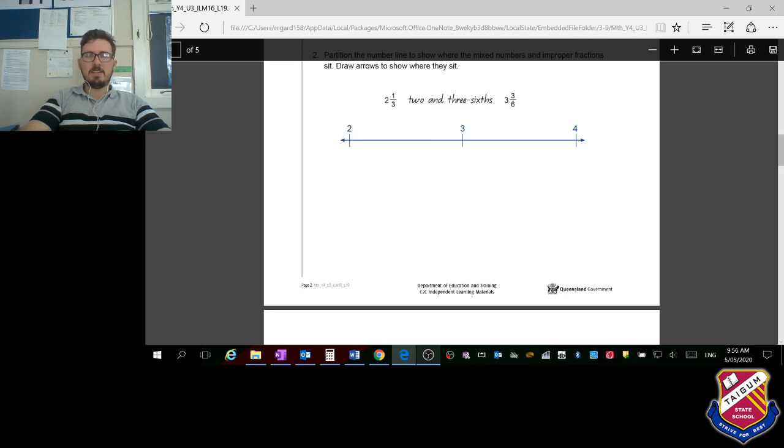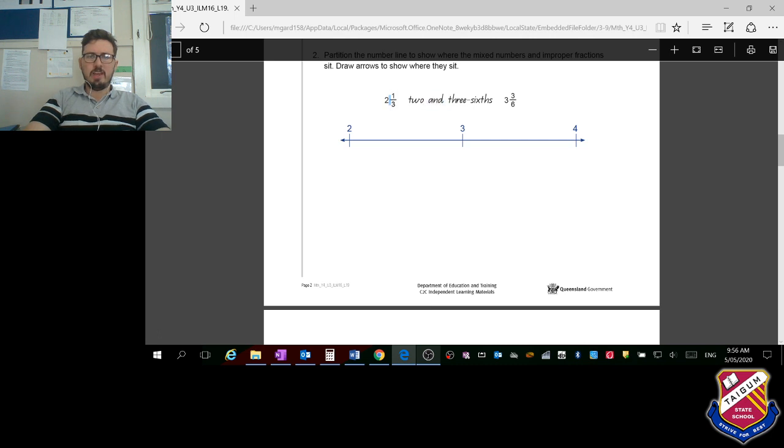It's bigger than 2, but not quite 3, is it? So you'd have to split this area from 2 to 3 into thirds, and then draw a line from there to show me 1/3. Off you go.